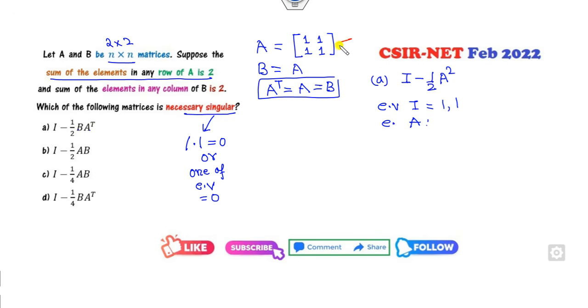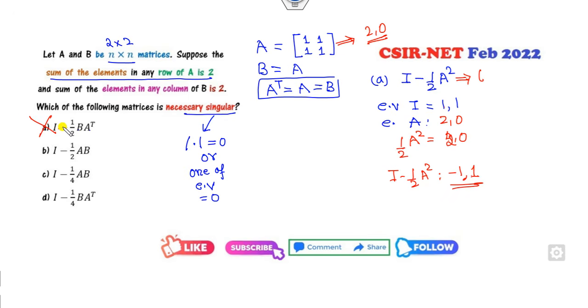Can you find the eigenvalue of A? 2, 0. What is the eigenvalue of A square? 4, 0. So eigenvalues of half of A square will be 2, 0. Then I minus half A square: 1 minus 2 is minus 1, 1 minus 0 is 1. None of the eigenvalues is 0, so it is a non-singular matrix.